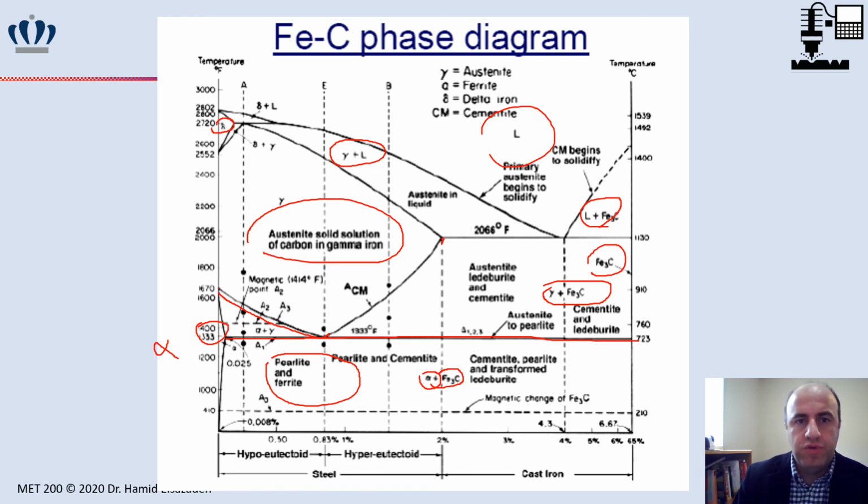So I want you to just learn these terms, and that's all I'd like you to know about this phase diagram. And the reactions I described, the eutectoid, where gamma transforms to pearlite, and the eutectic transformation, you need to learn as well.